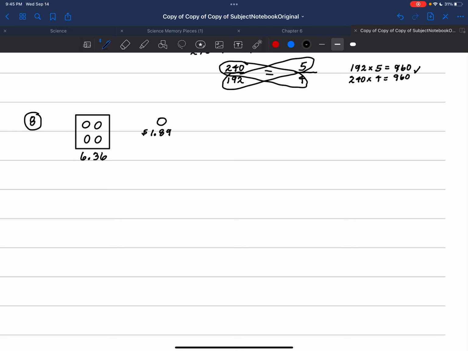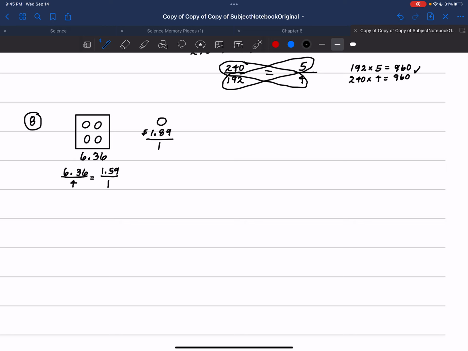That is a unit rate. So we already know that $1.89 for one. We need to find the unit rate for the package deal. So $6.36 divided by 4 is $1.59. How much do you save? That's a subtraction clue.